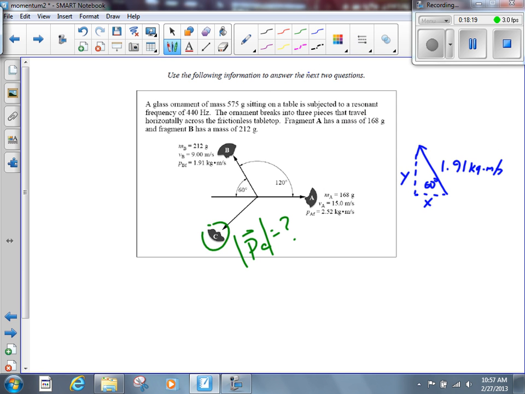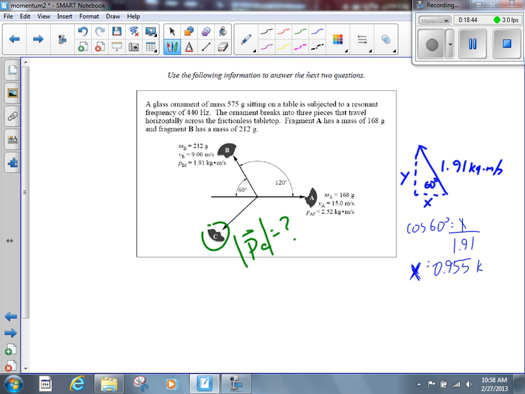Let's say cosine 60 degrees is equal to x, the adjacent side, over the hypotenuse of 1.91. What's that going to equal? Cosine 60 is 0.5 times 1.91 is 0.955.